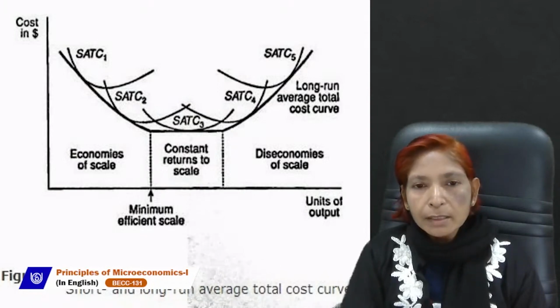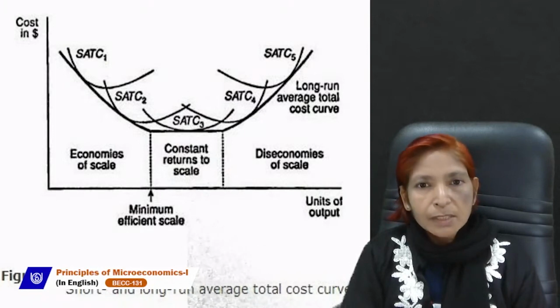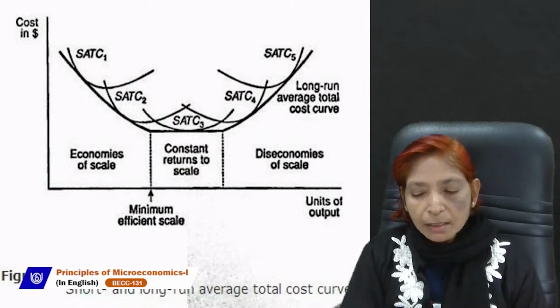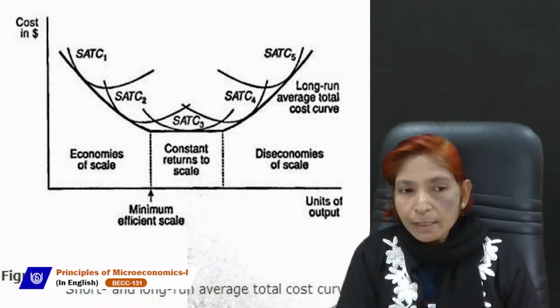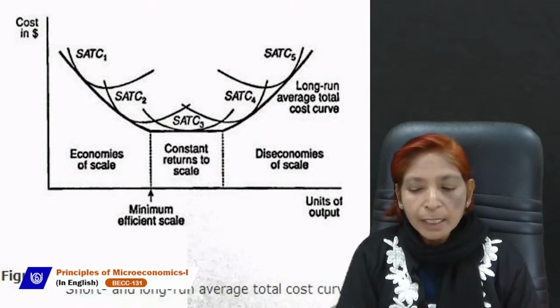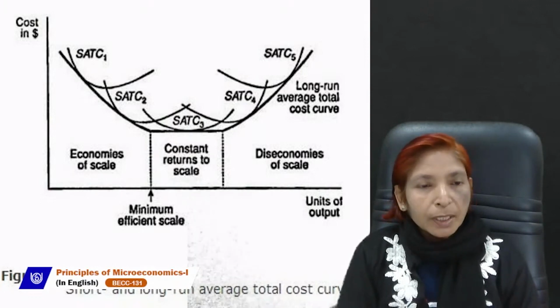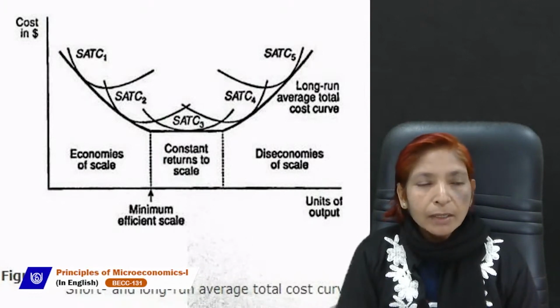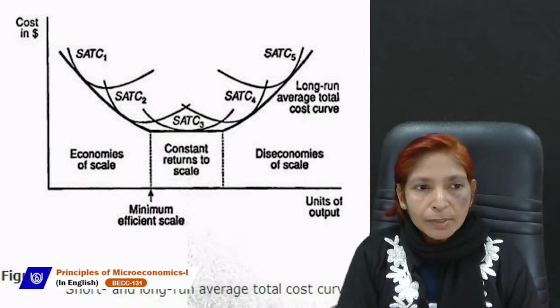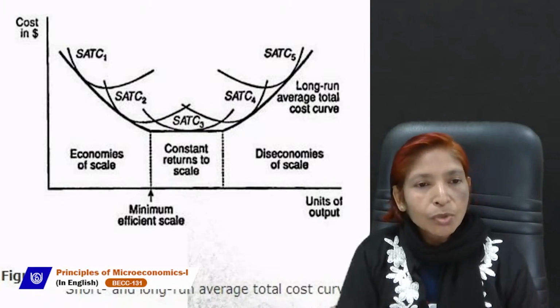These five SATC curves show that a business, like Reliance Industry, has different plants, like Jio Industry, Reliance Petrochemical, Reliance Ready-Made Garments, Reliance Fresh, and all plants have different cost curves, which we can show with the help of these U-shaped curves.